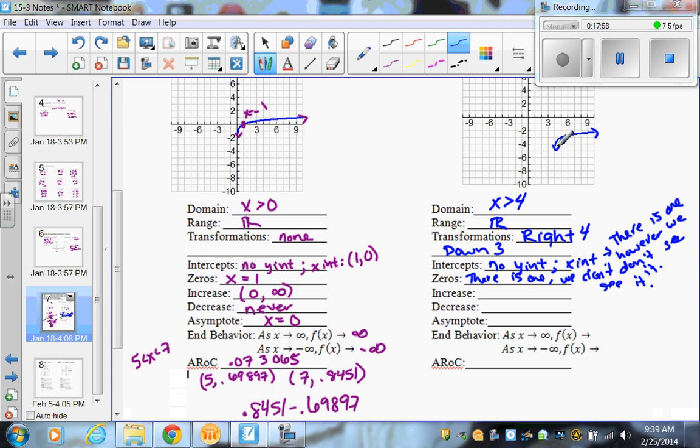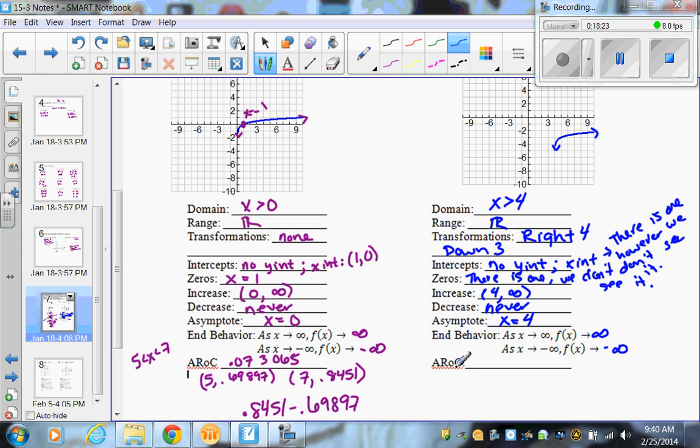So reading it left to right, it's always increasing. So remember, we can't go below 4, so it's going to start at 4 and go to positive infinity. Decreases, never. The asymptote, well, if x has to be greater than 4, so your asymptote is at x equals 4. In behavior, on the right, it's going up. On the left, it's going down.